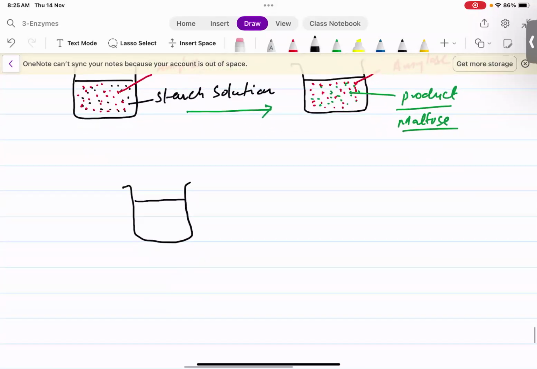In this case, for example, we have maybe a polymer or sodium alginate.